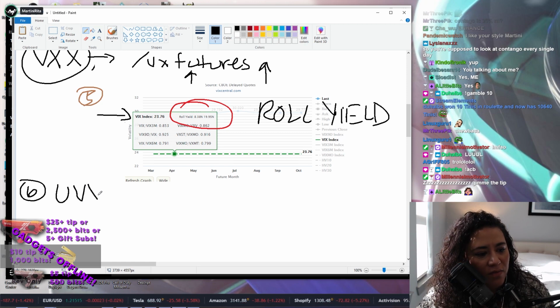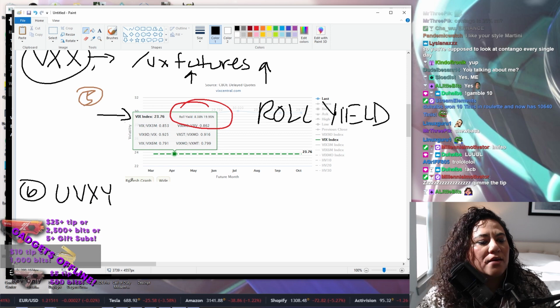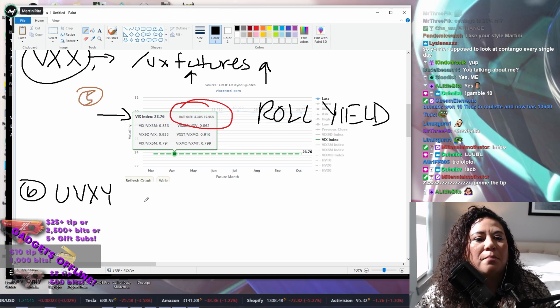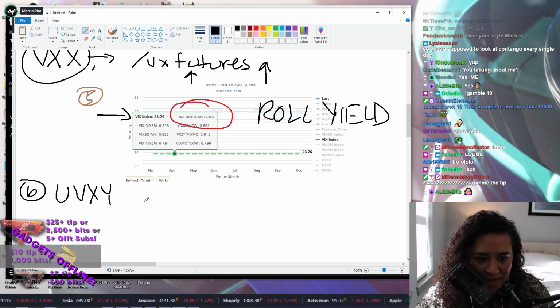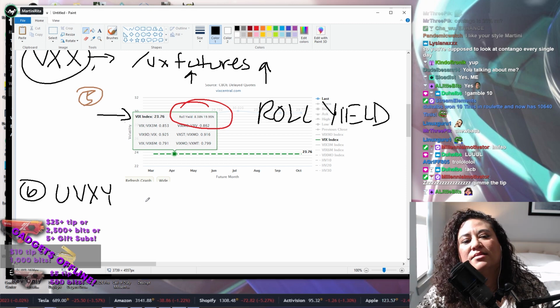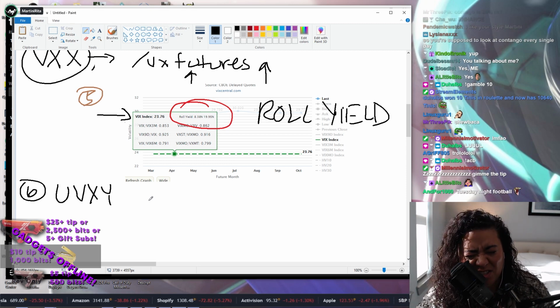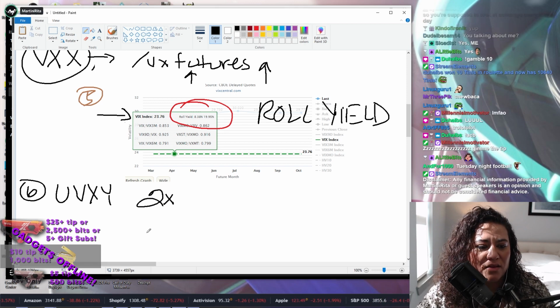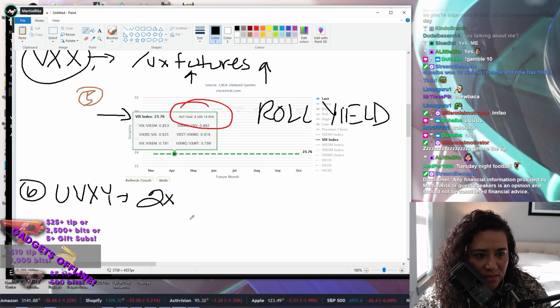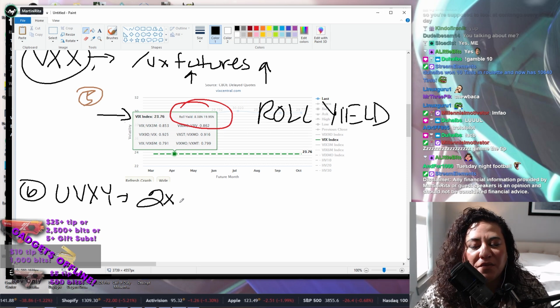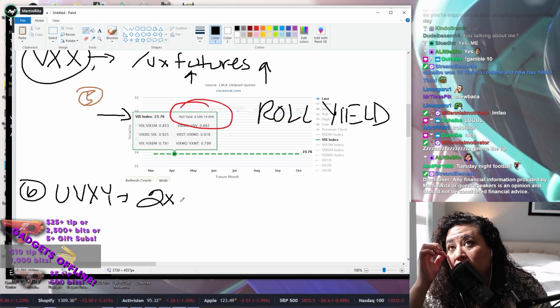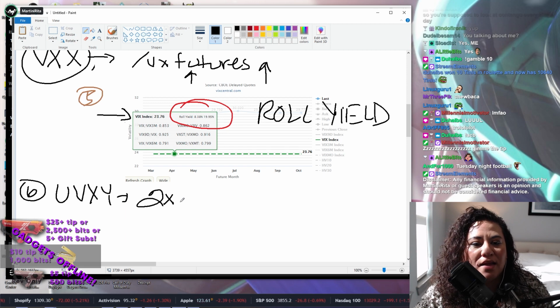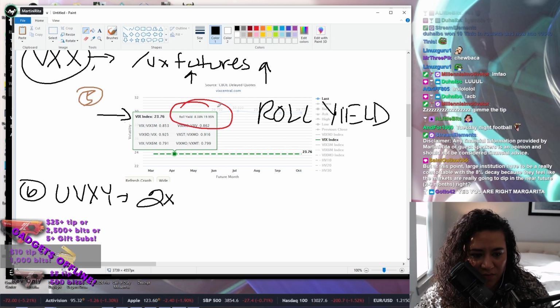If you go into UVXY, it's a leveraged product. What does that mean? I think it's 2 times leveraged? I don't know. It's some factor. They apply margin, meaning it's just a fancy word for an IOU. They go get a loan and they double down on these VX futures.